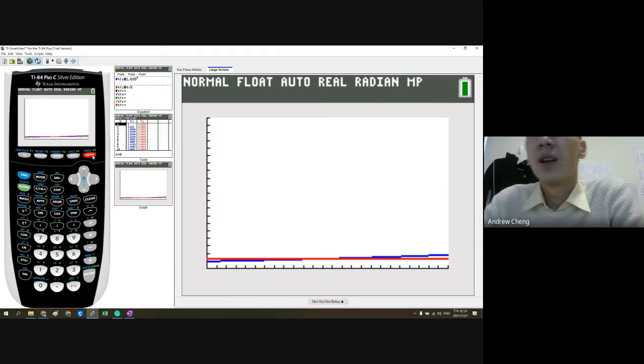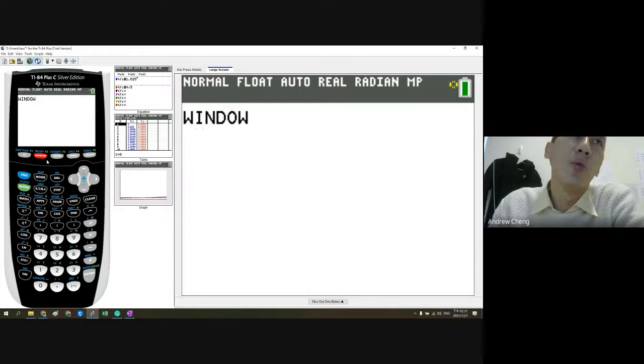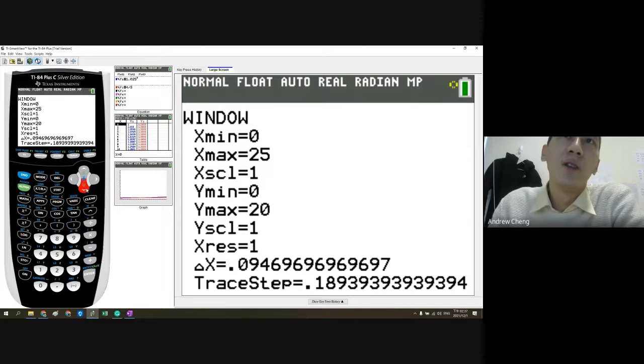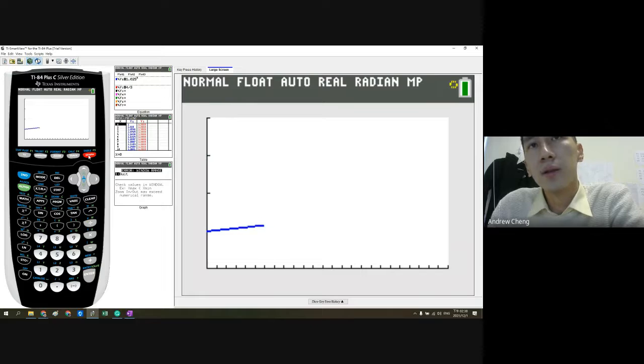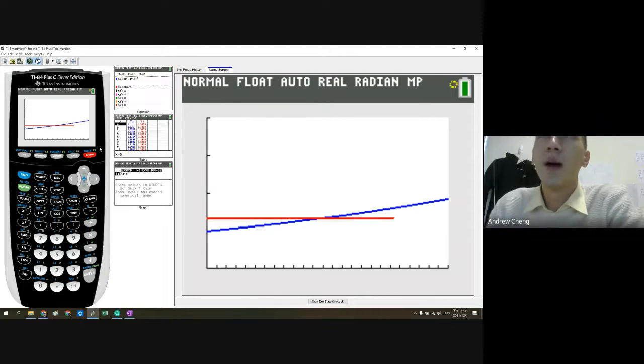Still not clear, so maybe I will set my range for y just from 0 to 4. Okay, that's much better. So I need to find the intercept of these two lines.